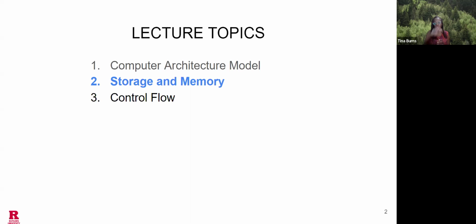I say, okay, read this. I'm going to set this value initially. Then I'm going to wait 10 seconds, and then I'm going to increment it. Then I'm going to jump back to that first command where either I set the value or I read it. That is how control flow works, and it dictates the order of operations in a program. We'll talk about this a little bit later.